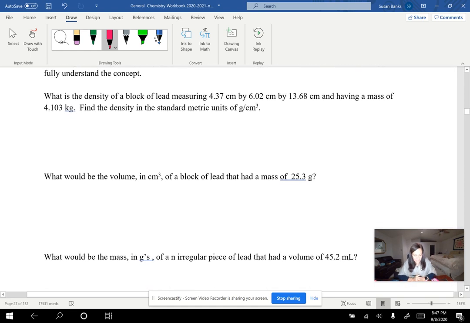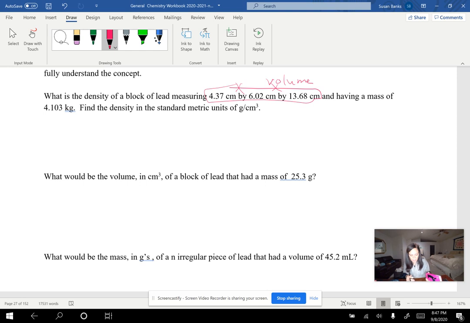What is the density of a block of lead measuring 4.37 by 6.02 centimeters by 13.68 centimeters? So the very first thing I want to do is calculate the volume. And by calculating the volume, I need to multiply all of these together. Okay?